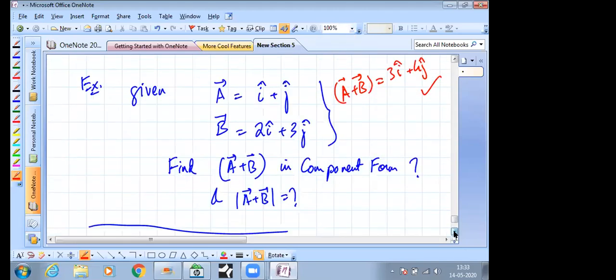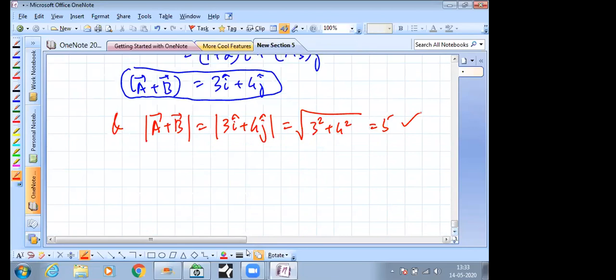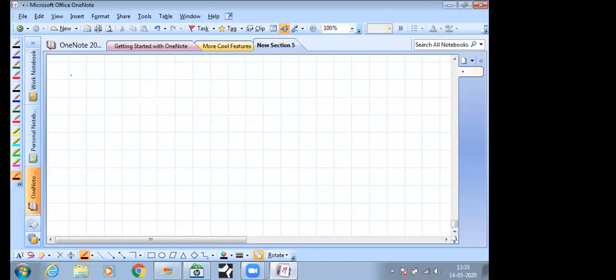clear to you people, note that when we are adding Ax and Ay like that, the components must be with proper algebraic sign.